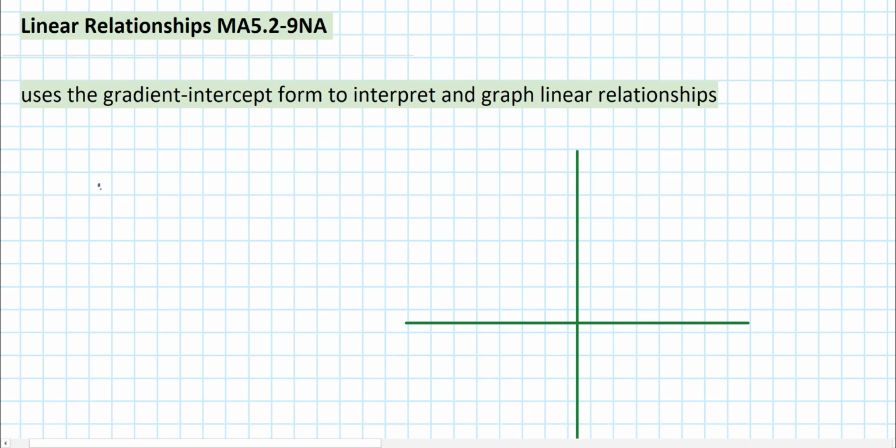So let's look at an example. Let's say we have a really common example, y equals 2x plus 1. We know the y-intercept is 1 and we know the gradient is 2. Now I'm going to label my axes, and I know my y-intercept is 1, so let's just put some markings on my axes.